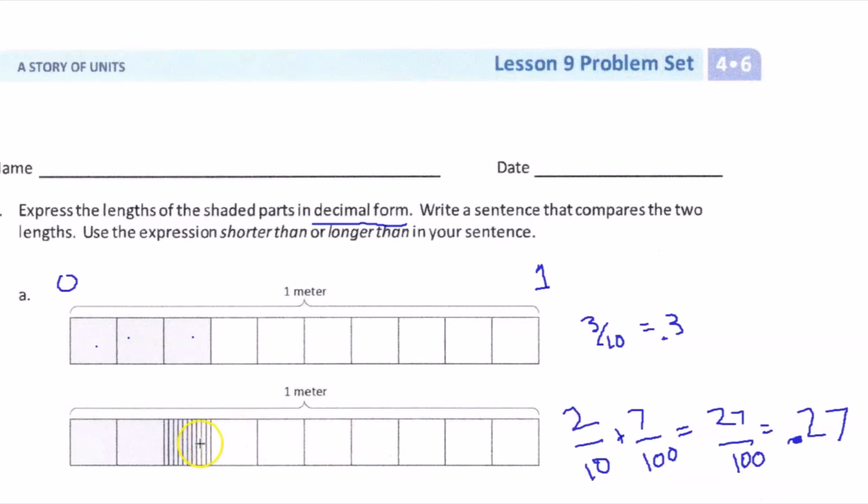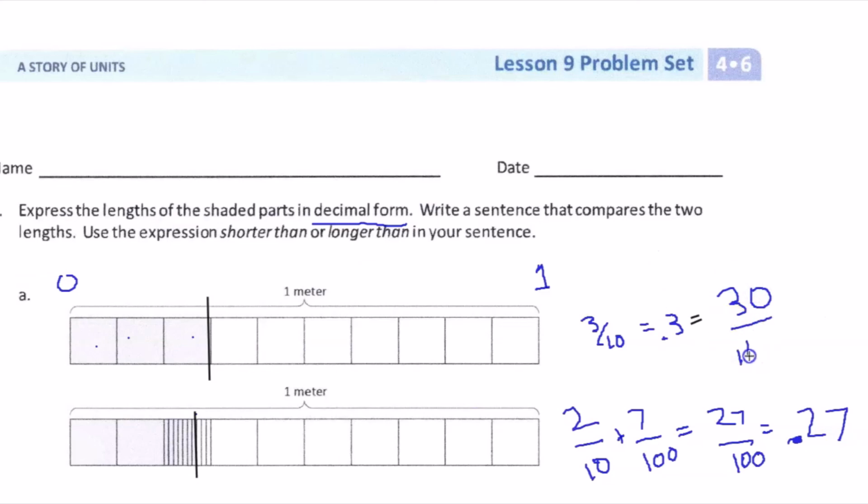Now, look at the distance. Let me use a line to show you where the shaded area stops. And here is a line here that shows where 3/10 stops. So 27/100 stops here, and 3/10 stops here. You could also consider 3/10 as being 30/100 as well.